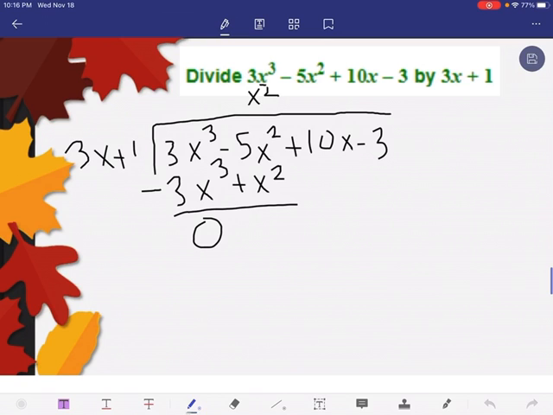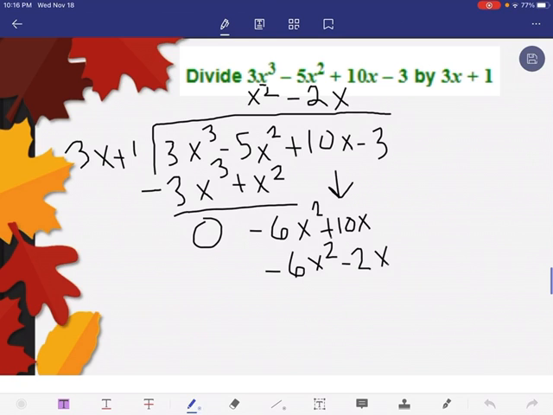So we're going to end up with negative 6x squared. We bring down our 10x. Start that process over again. We get negative 2x on top. Then we get negative 6x squared minus 2x.